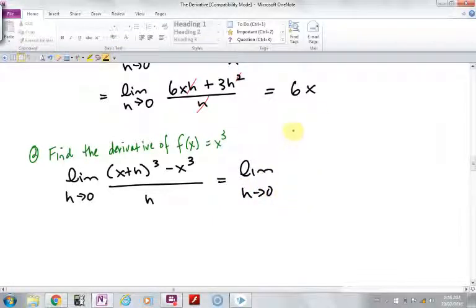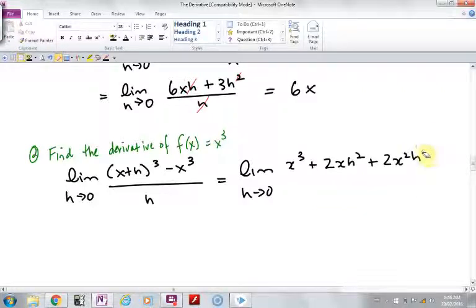Okay? So when you expand the cubic, you get x cubed plus 2xh squared plus, am I right here? I'm just guessing, 2x squared h. Is that right? No. Oh, right, because I'm going to end up with 2 of one and 1 of the other.